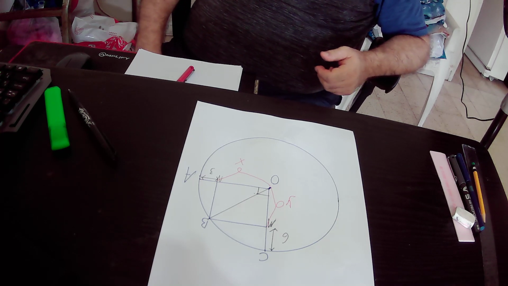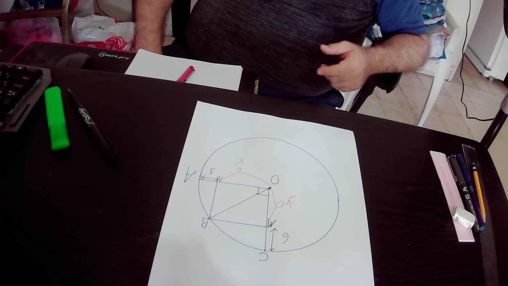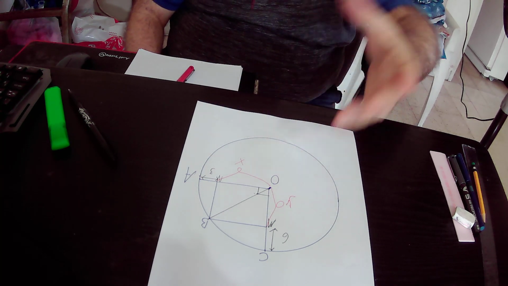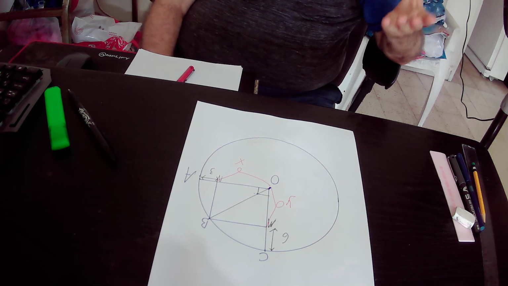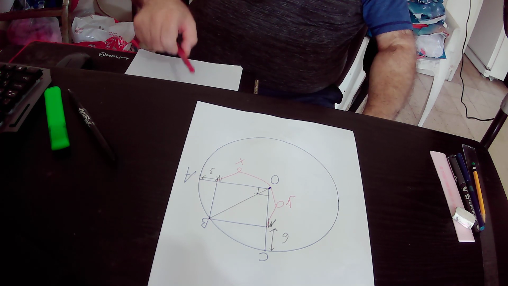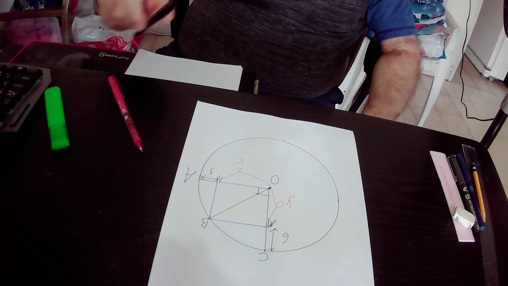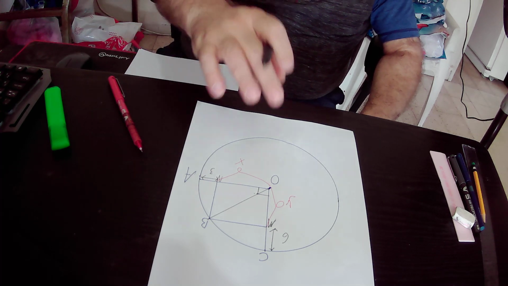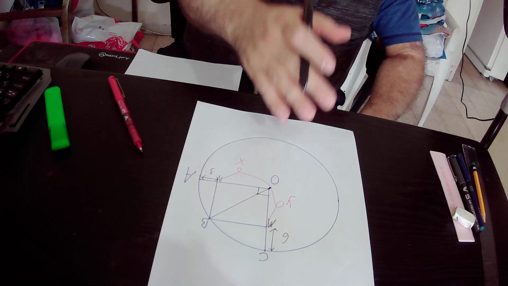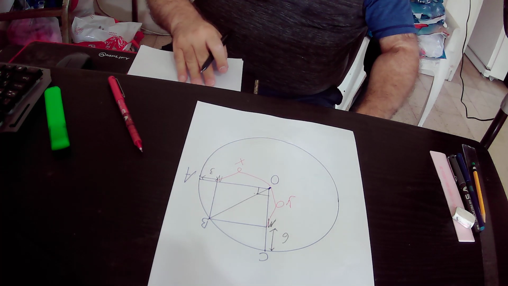So if both line segments OC and OA are radiuses of this circle, they are equal to each other. So we can write down our first equation: line segment OC equals line segment OA because both of them are radiuses of this circle.